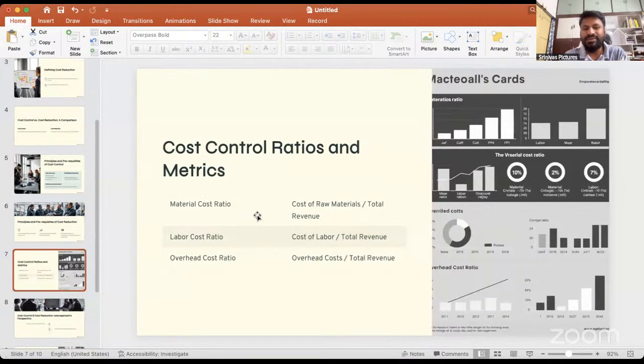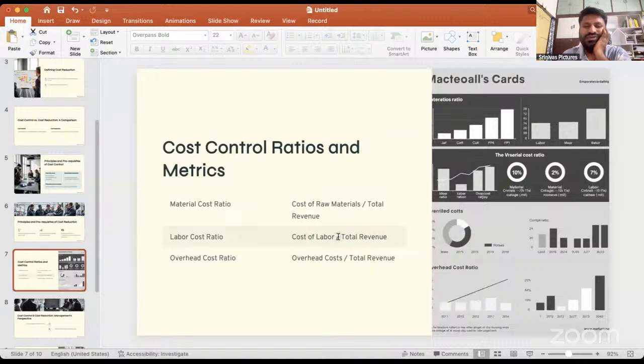To calculate the material cost ratio, we take the amount we spend on the raw material used in production and the total revenue. What is the proportion of the total cost of the raw material in the total revenue? That is nothing but the material cost ratio. Labor cost ratio talks about the total labor cost as a proportion of total revenue.